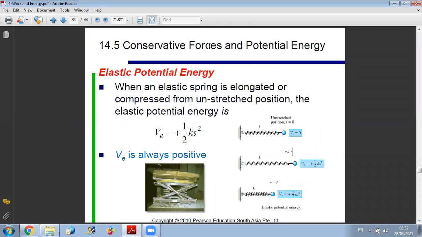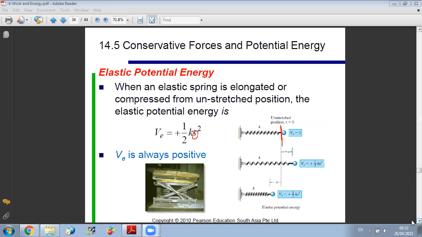So here, if we consider the unstretched position as the origin of the displacement, then S will represent the stretching or compression, and therefore the elastic potential is given by half k S square. So the elastic potential is always positive, but the difference, when we find the work, depending if delta S1 is higher or delta S2, the work can be positive or negative.